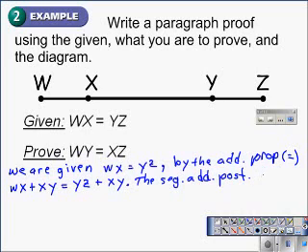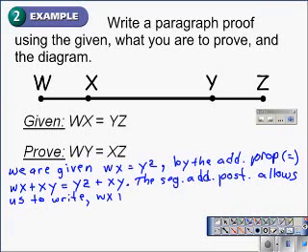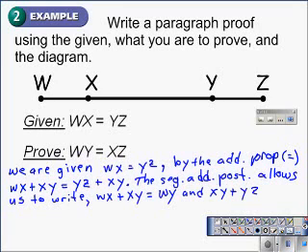So the segment addition postulate allows us to state that the measure of WX plus the measure of XY is equal to the measure of WY, and that the measure of segment XY plus the measure of segment YZ is equal to the measure of XZ.